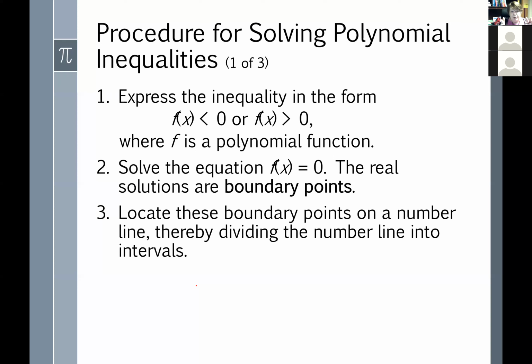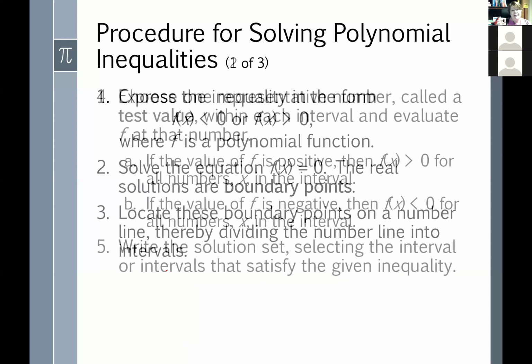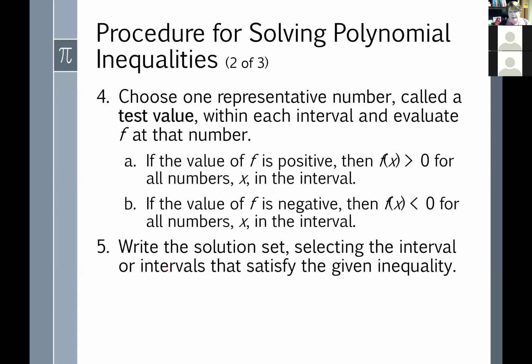Then those numbers break your number line into intervals. So you're going to draw your number line and create these intervals because the solution is an interval solution. Then you pick a test point in each one of these intervals.